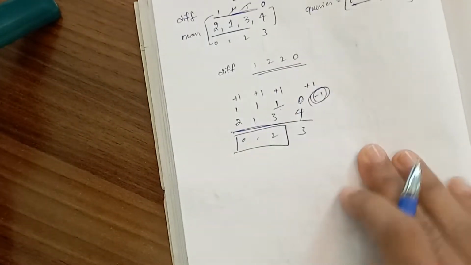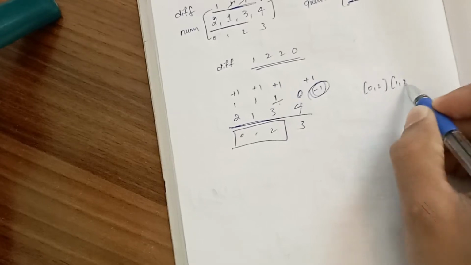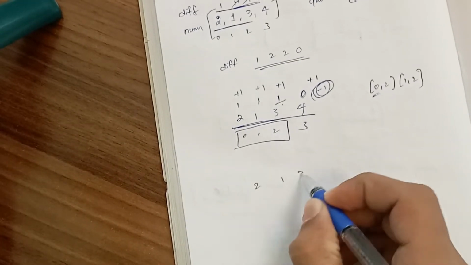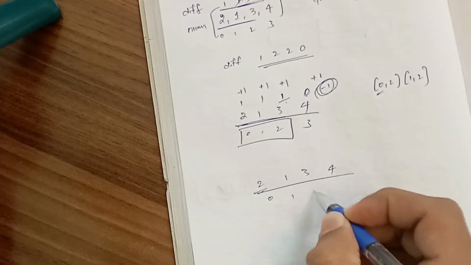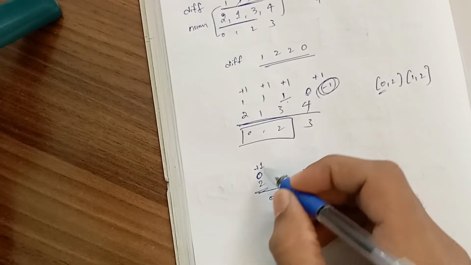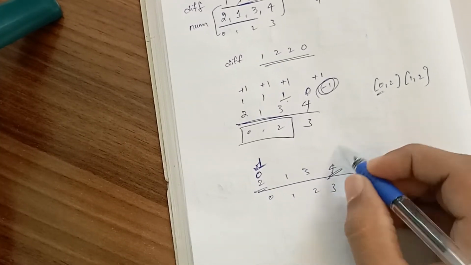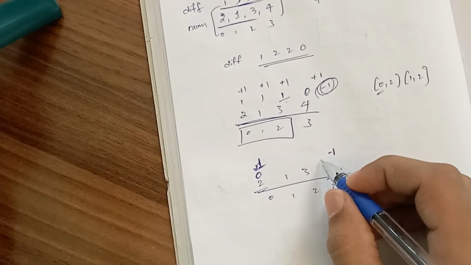I will tell clearly what that means. At the zeroth index, of 2, 1, 3, 4, increment it by 1. Let us make it plus 1, so it will become 1. And here decrement it by 1.